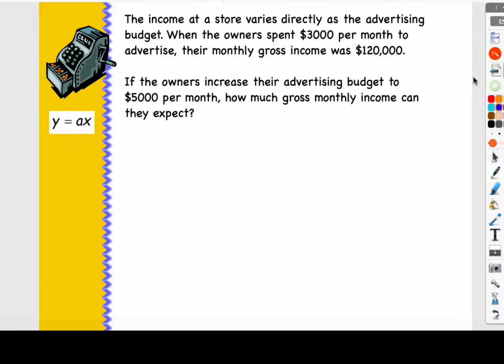Well, this time we spent $3,000 a month when our gross monthly income was $120,000. So again, the income at the store varies directly. So I'm going to call that income varies directly, A times something times the advertising budget. The ad budget, so let's call that budget. We'll call it B.